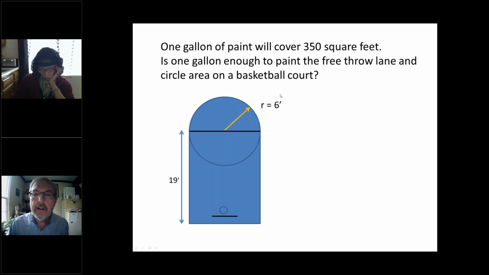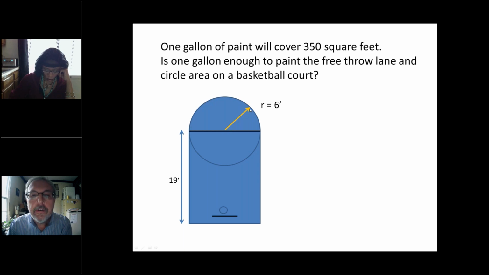The radius is 6 feet. And that's on an actual basketball court. And just for future reference, because we're going to need to know this, notice that the circle goes just to the edge of the free throw line. Then it goes all the way around and just to the edge of the free throw line.